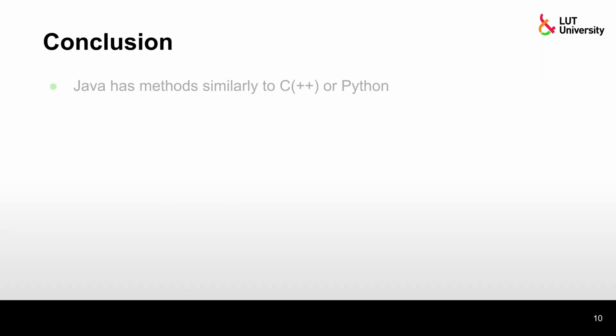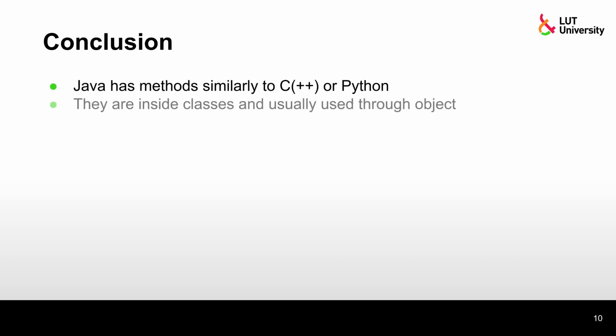And as a conclusion, Java has methods. They are similar to C++ or Python. Those languages have methods. Java has methods. They are inside classes and usually used through objects. And main is of course an exception. Every Java program has a main method.